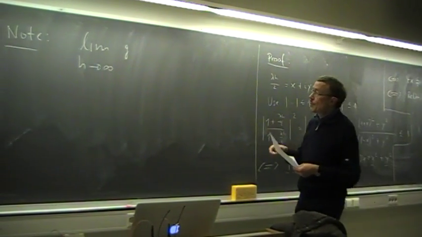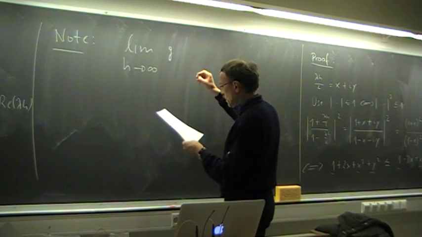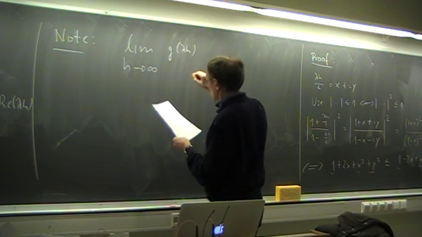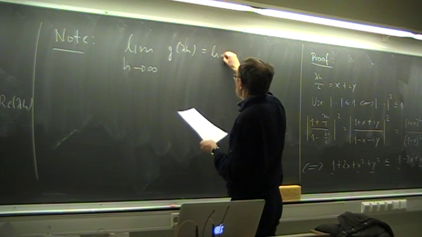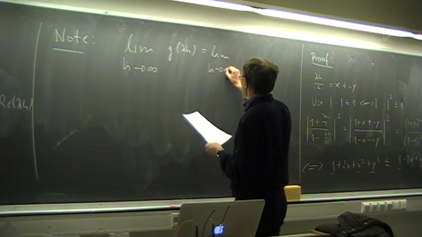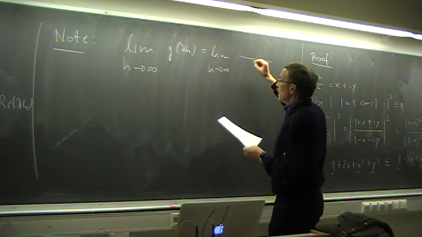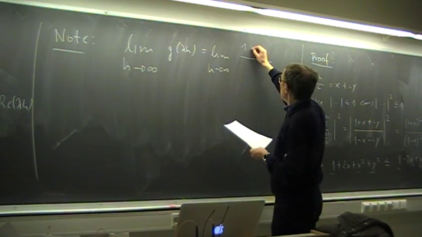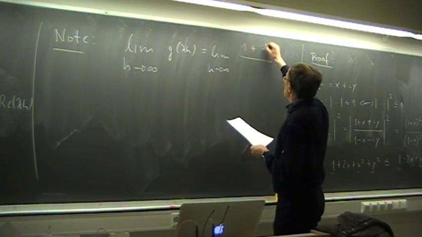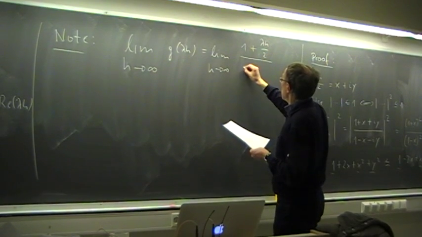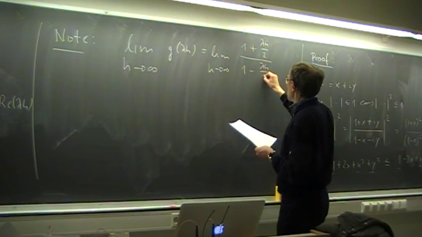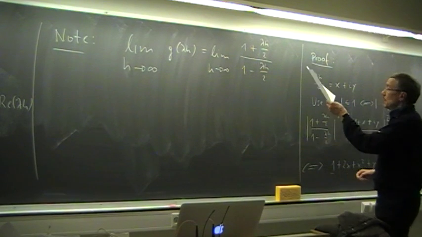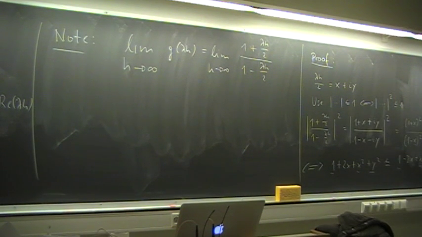So what does happen then for this method when we let the time step go to infinity? We have the amplification factor, we derived that. It's 1 plus lambda h half divided by 1 minus lambda h half. And unless lambda is 0, we get here minus 1.